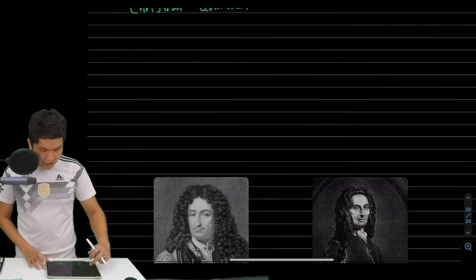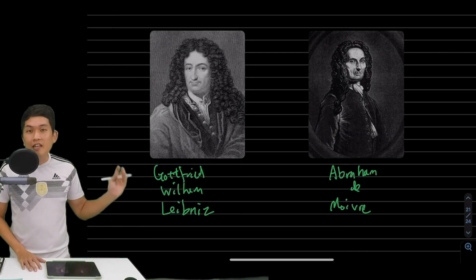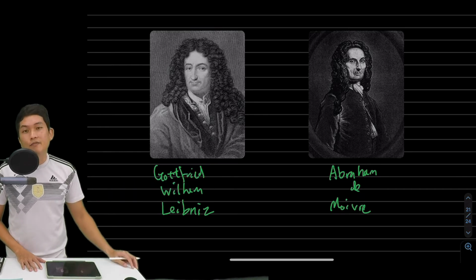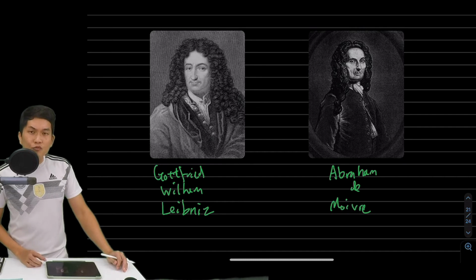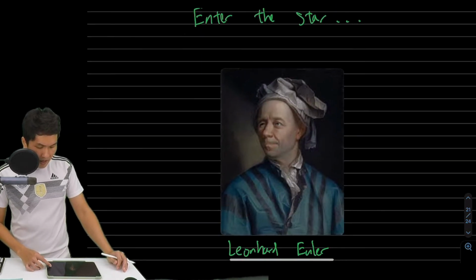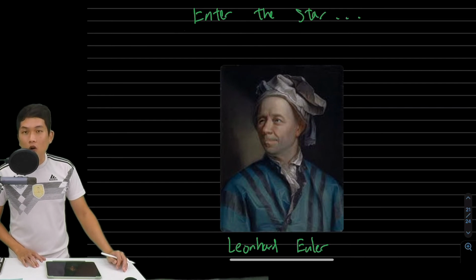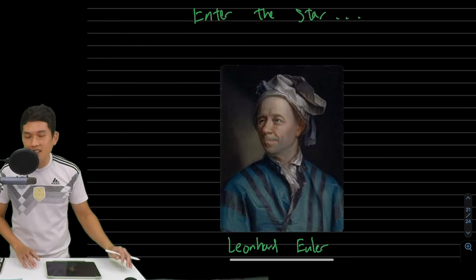Other notable mentions will be Leibniz, co-founder of calculus, and De Moivre, right? If you do complex numbers, you'll know De Moivre's theorem. So who is this rock star who has solved this Basel problem? His name is Leonhard Euler. To say he is a genius is underselling it.